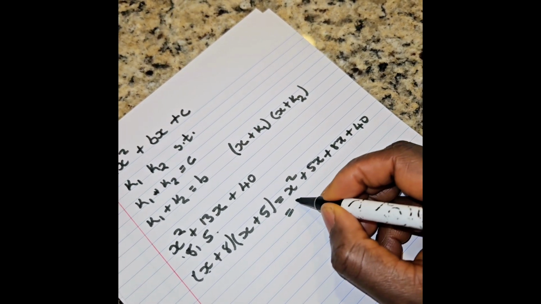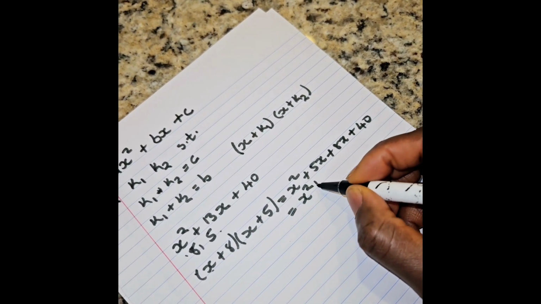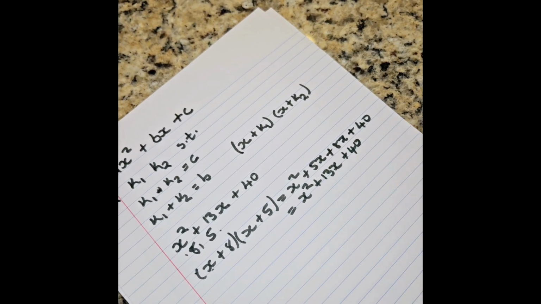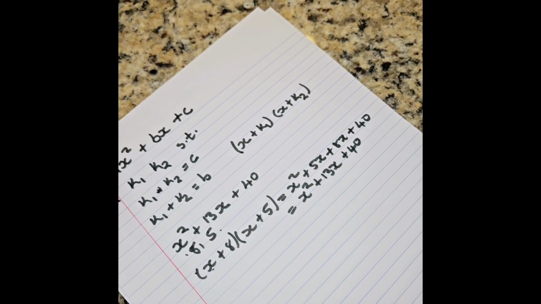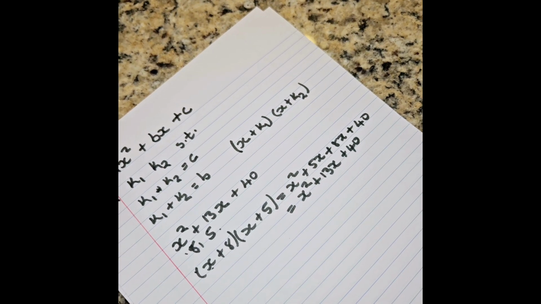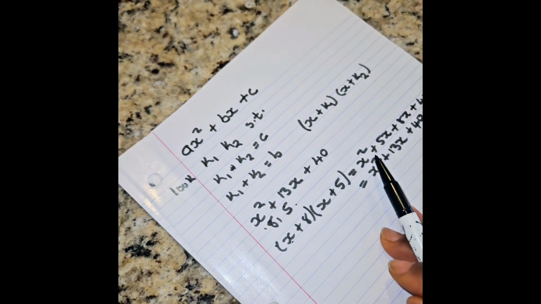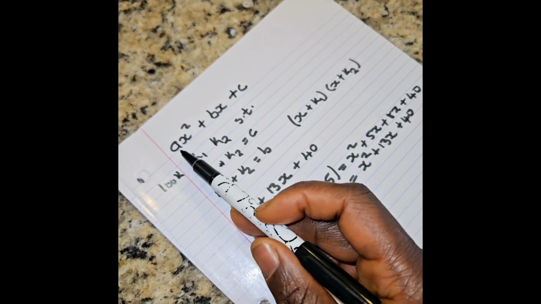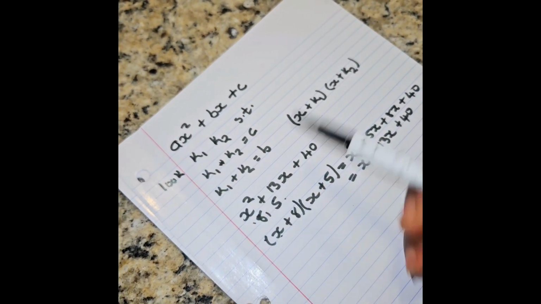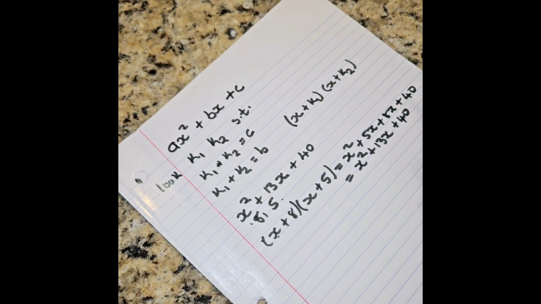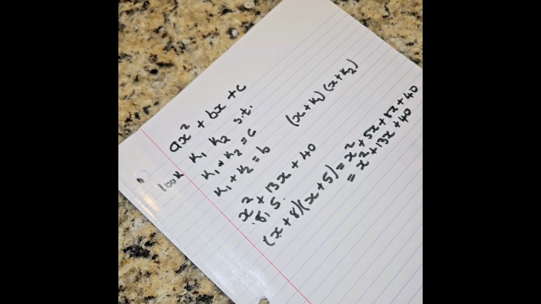And this gives me x squared plus 13x plus 40. So that is the situation where this a is 1. But now if a were some number, we have to do something else. We will have to do it in a different way.